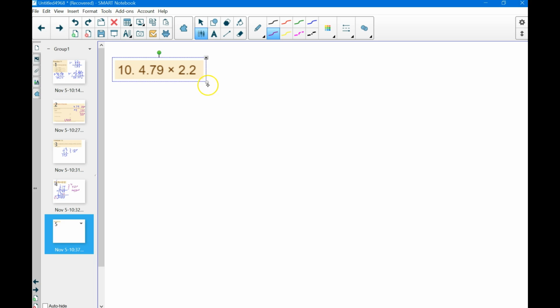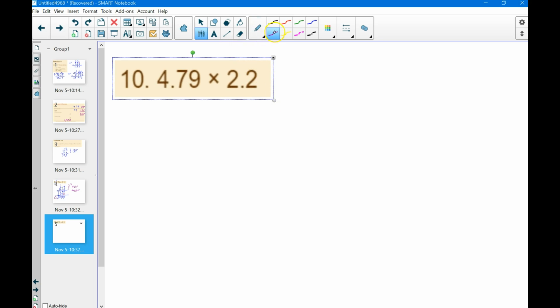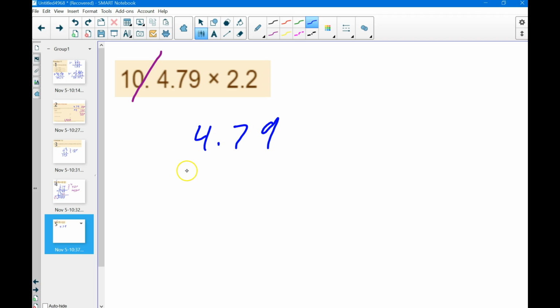Number 10. So number 10 we have 4.79 multiplied by 2.2. You notice we don't have to line the decimals up for multiplication because it doesn't really matter.